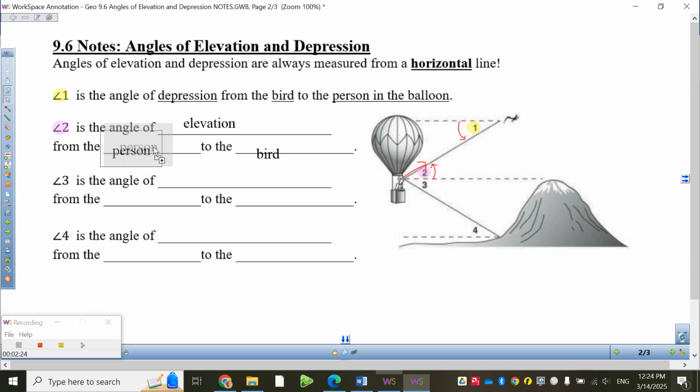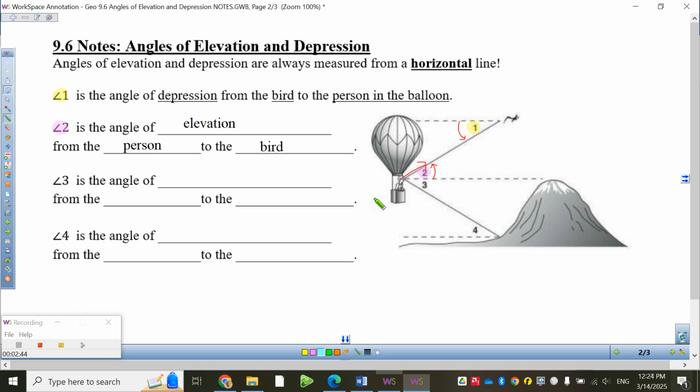All right, and you'll notice that the first 2 angles are kind of just the same information but flipped around. So angle 2 is the same as angle 1, but it's the angle of elevation instead of the angle of depression, and it's from the person to the bird instead of the bird to the person. Okay. All right, let's continue.